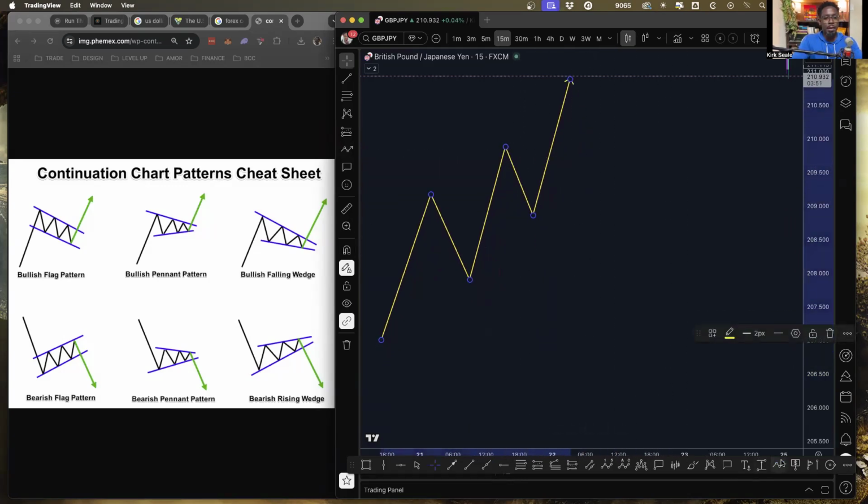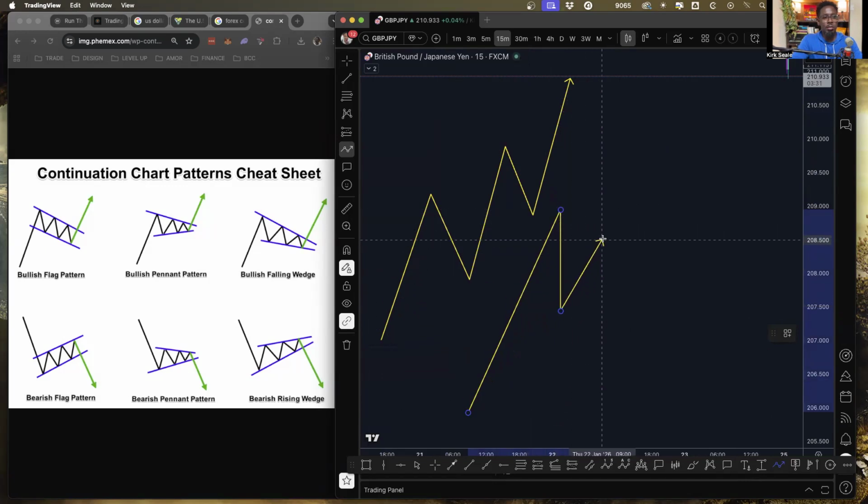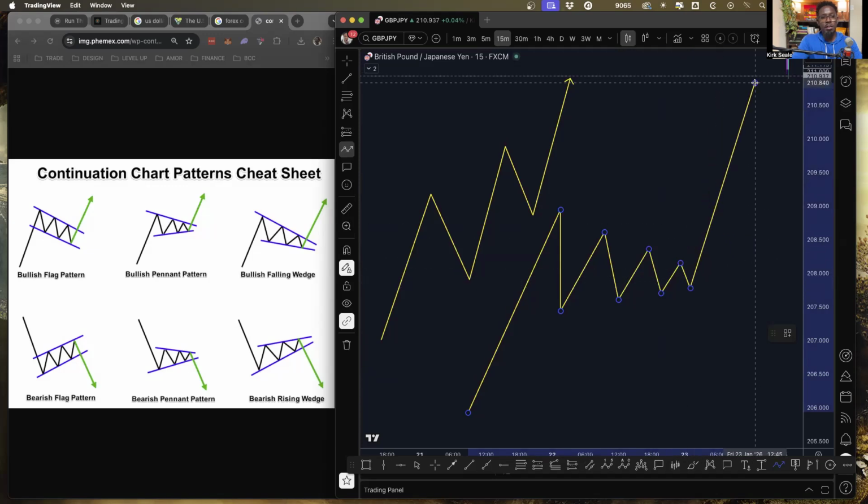With the pennant, in the flag of the pennant, in that space in the middle, you are going to get lower highs and higher lows. So it's going to look like this. Price comes up, comes down. We got a low. We got a lower high. We got a higher low. Lower high, higher low. Lower high, higher low. Then price kind of just moves.